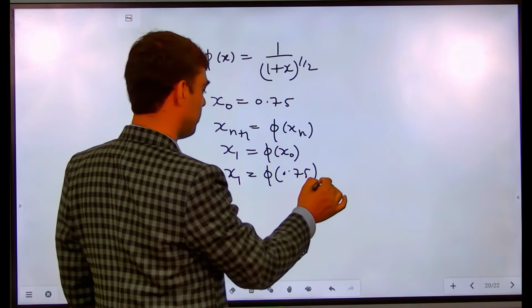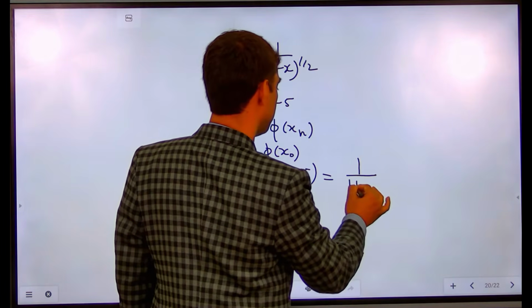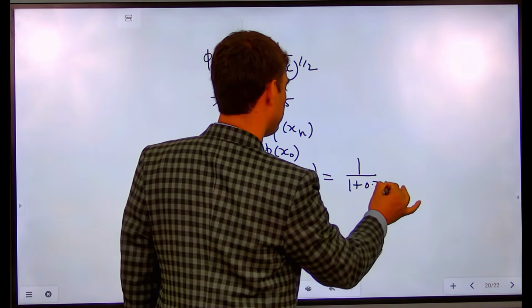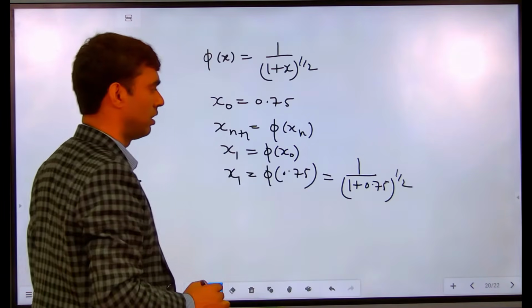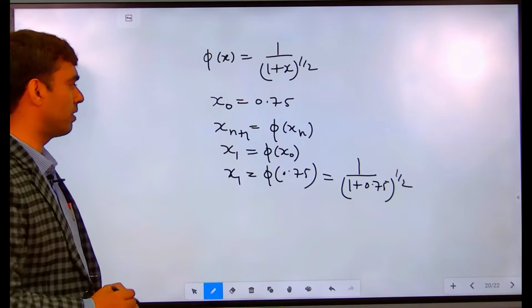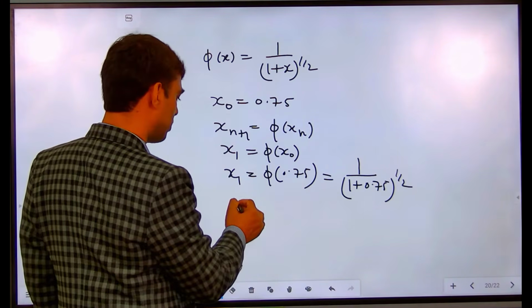This is 1 upon 1 plus 0.75 square to the power 1 by 2. Here we noted down the value of x1.